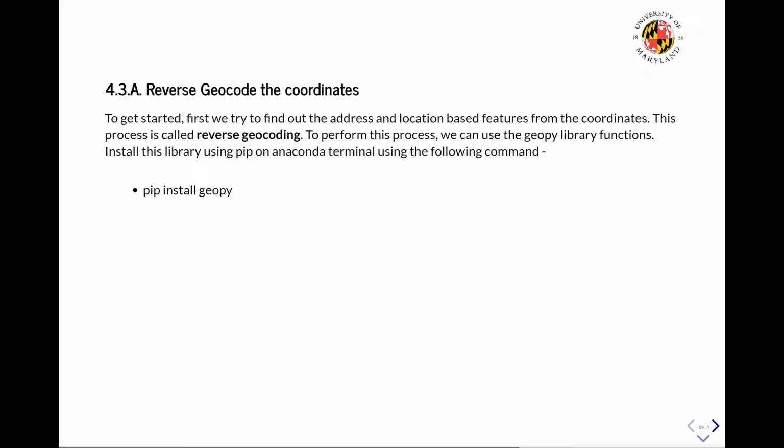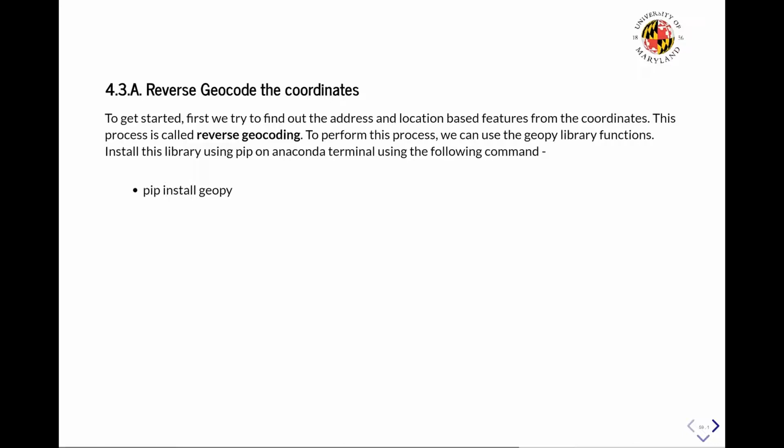Reverse geocoding is the process of finding out a location or an address from a set of coordinates. We will perform this process on all the available coordinates in the dataset to get more information. We will use GeoPy Nominatim, which uses OpenStreetMap data to translate coordinates to addresses, cities, countries, and landmarks across the globe.